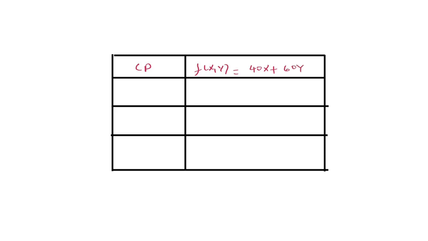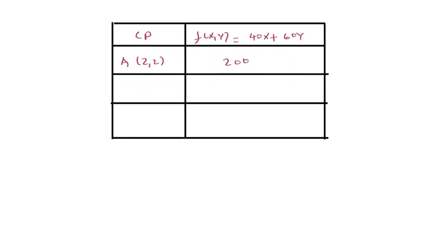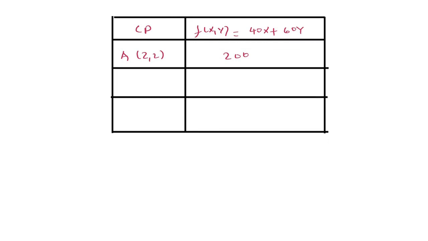Okay, so from our graph, our first point is point A with (2, 2), and applying these values into our objective function, the answer here is going to be 200. Our next point is point B with (8, 2), of which the objective function value is going to be 440.